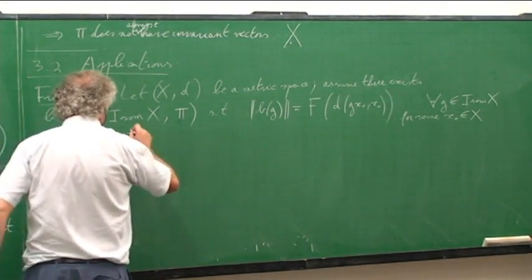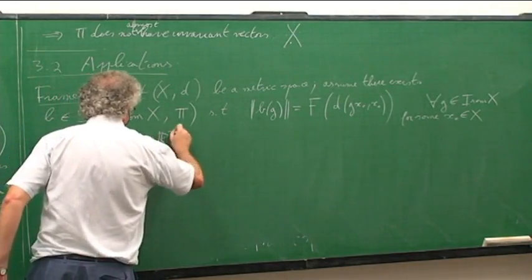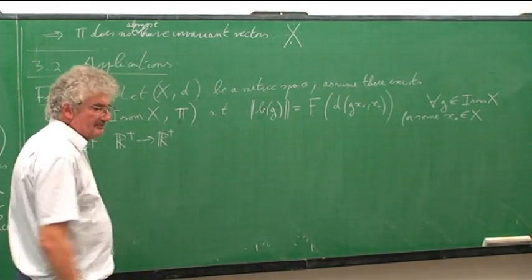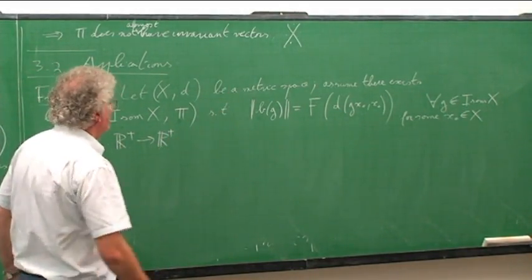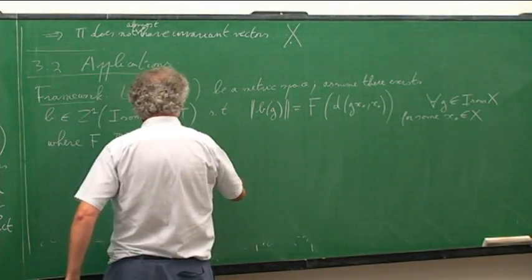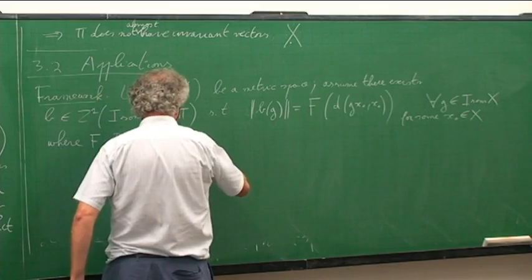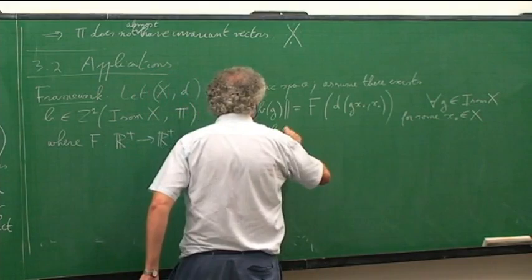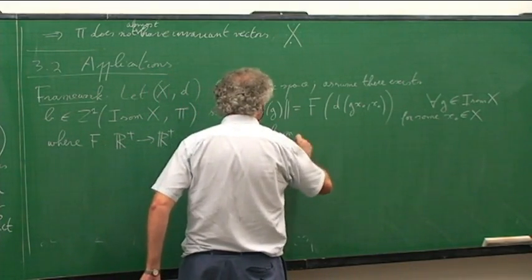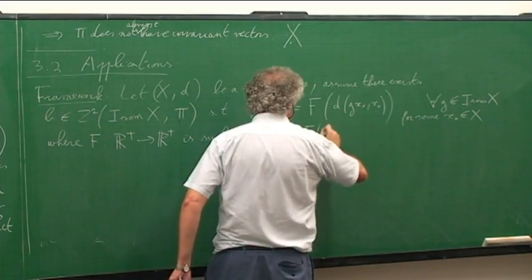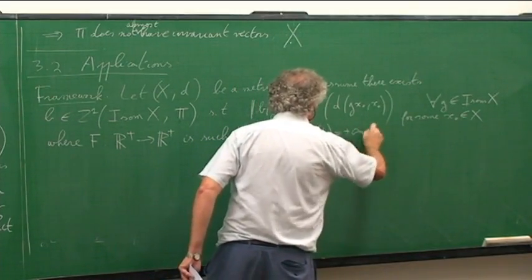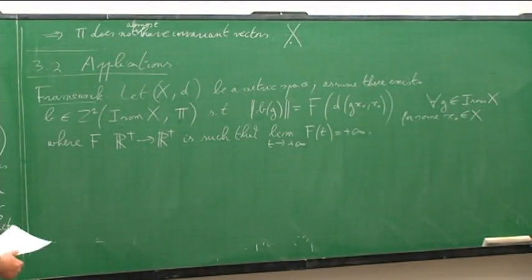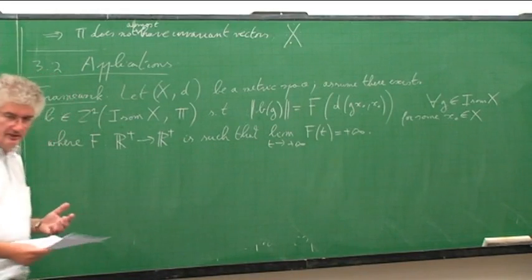It will be a function of non-negative reals to non-negative reals. And I'm just assuming that it's proper in the sense that it goes to infinity at infinity. It is such that the limit of t going to plus infinity of f of t is plus infinity. So that's the framework.